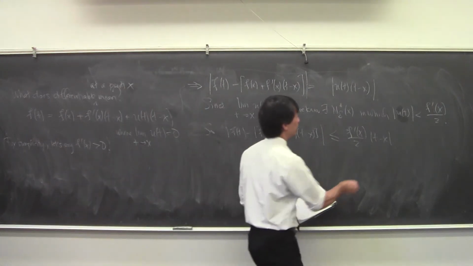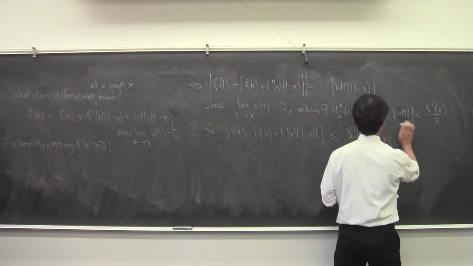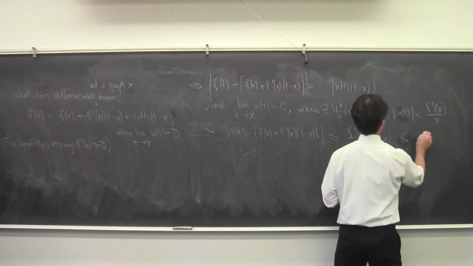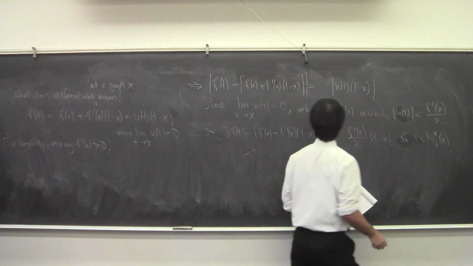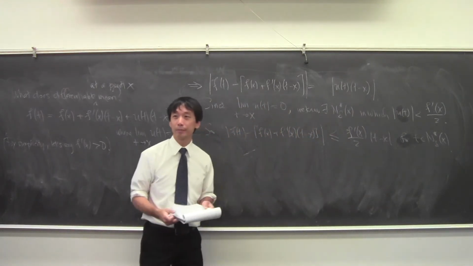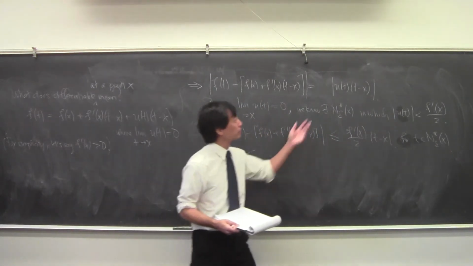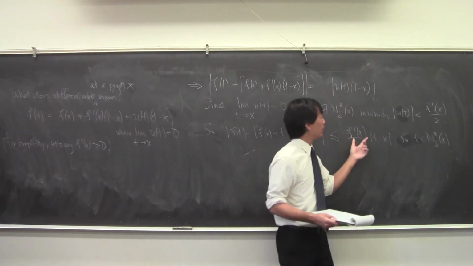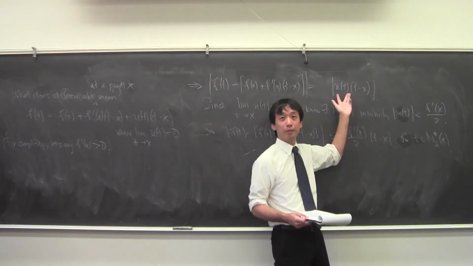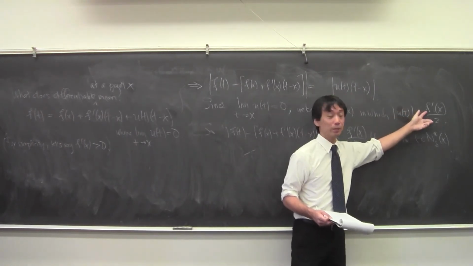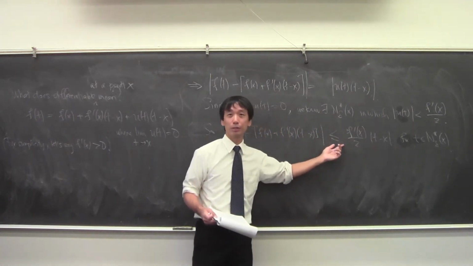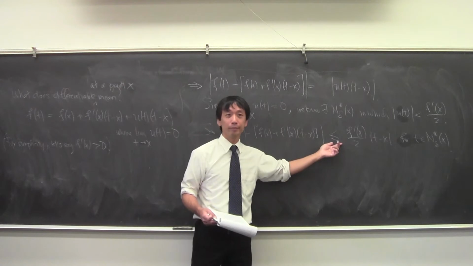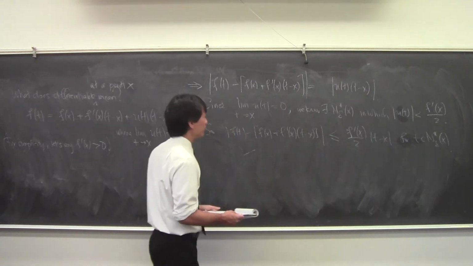I'm just, for t in that neighborhood. Because we know that u of t is smaller than this f prime x over 2, so I'm replacing it by f prime x over 2 and it changes to less than or equal to. Okay.